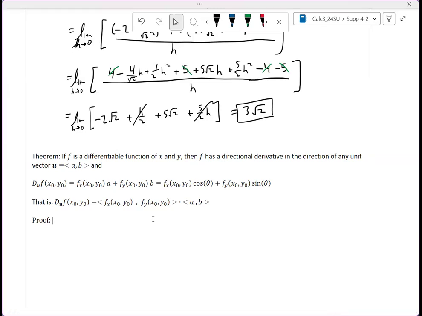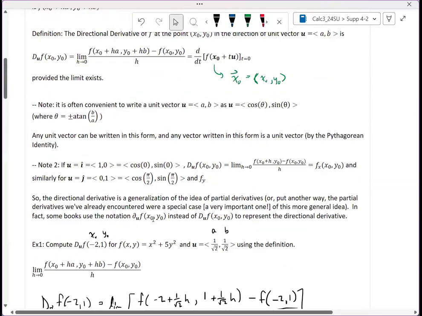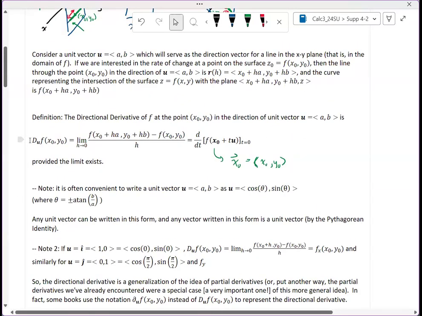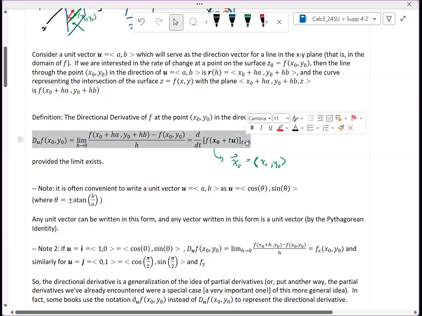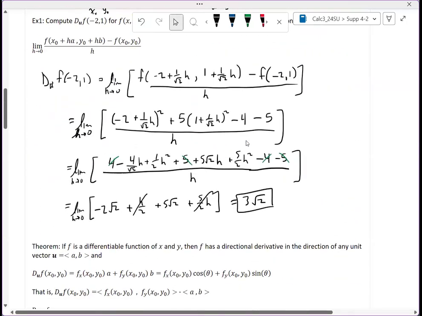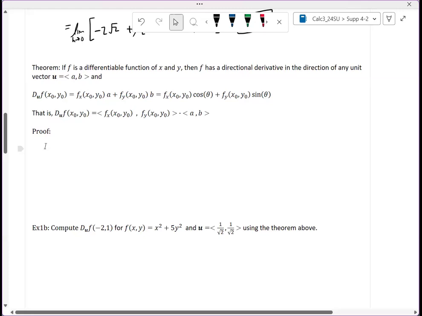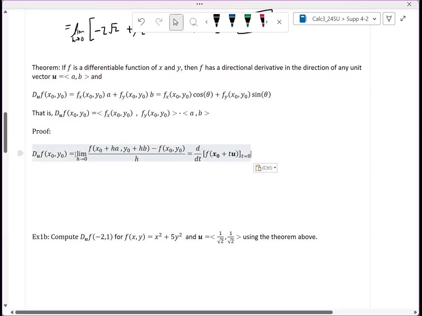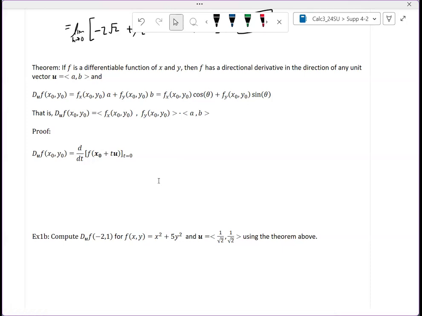Okay, let's prove that this is true. And for this, we're going to use kind of the second form of our definition, which I'll just copy down here. So we're going to consider this version of the definition.